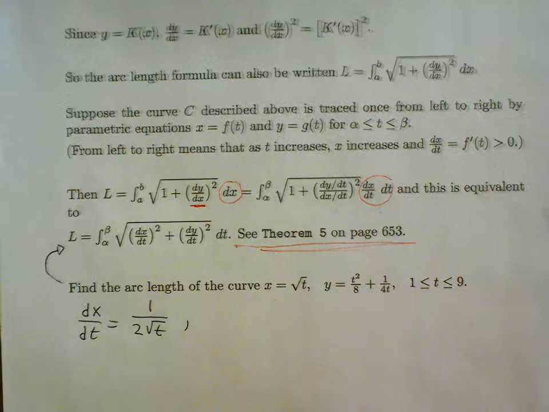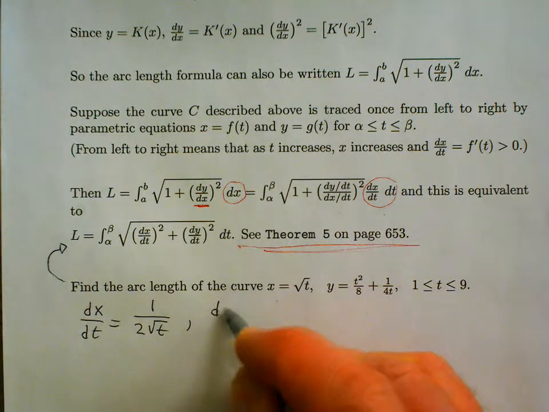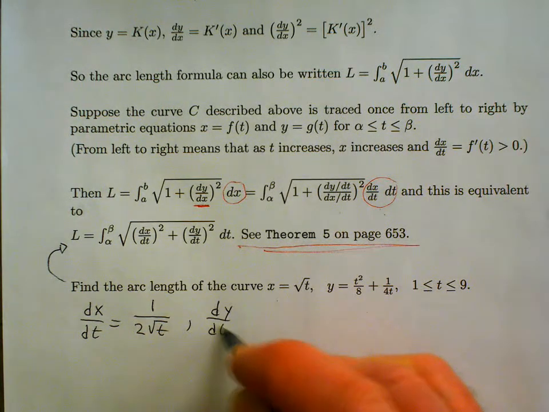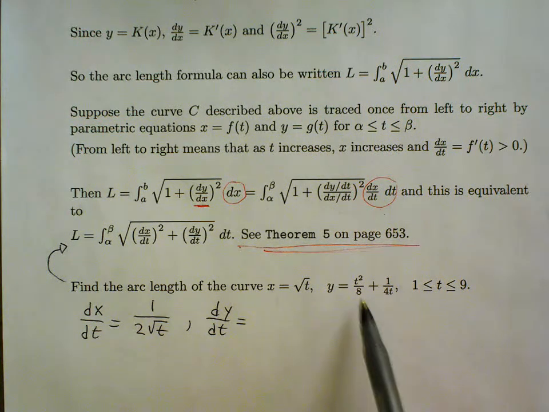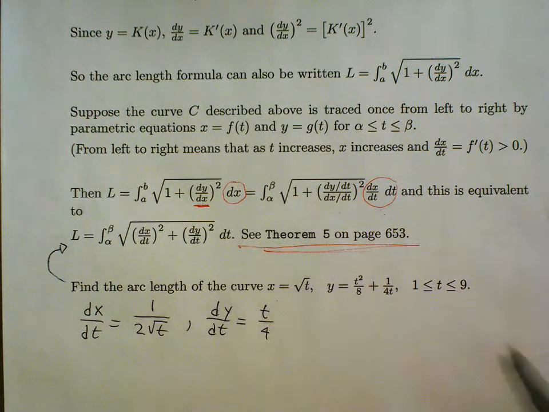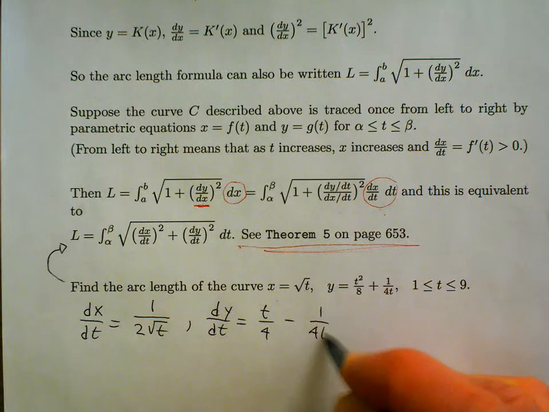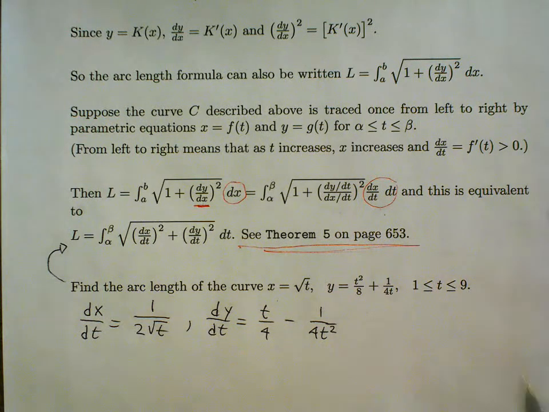And we also need to know the derivative of y with respect to t. So dy/dt is t over 4, minus 1 over 4t squared.